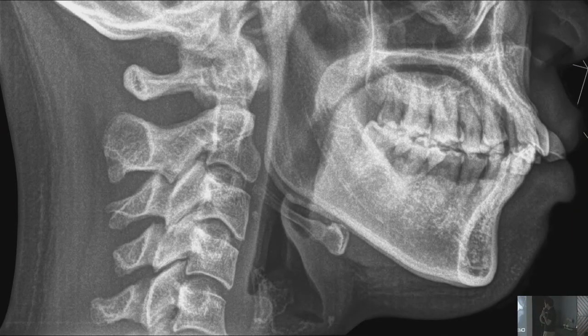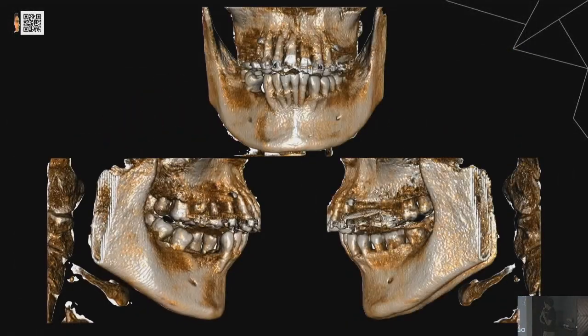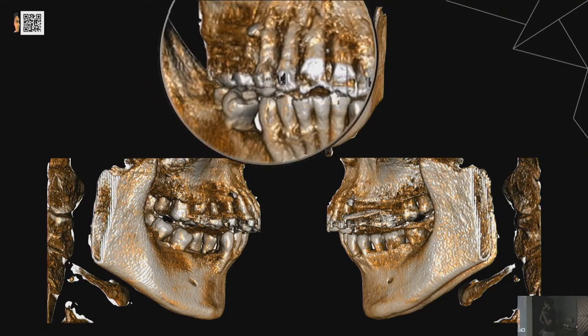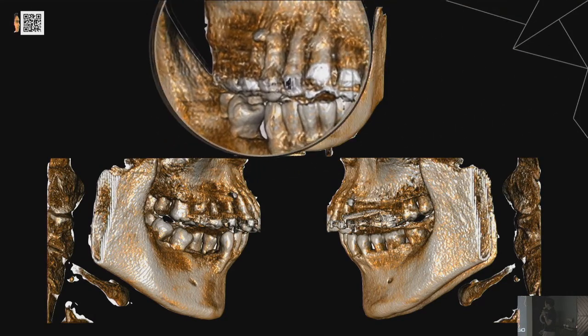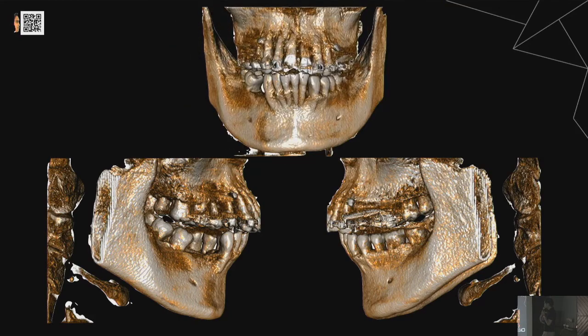Here's the CBCT, and we did this about 6 weeks after. Basically, they do look like they're coming out, but they're not. When you're doing these computer-generated images, they remove a lot of noise, and when you remove a lot of noise, you also remove a lot of bone. So in this scenario, there is actually a lot of bone surrounding these teeth.